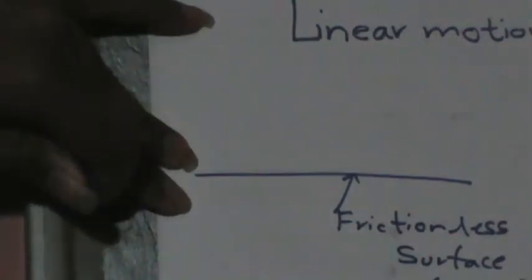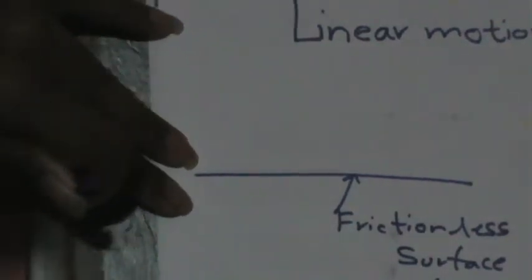I'll take an object like this, on a frictionless surface, v equals 0. I will discuss the concept of friction in another video.